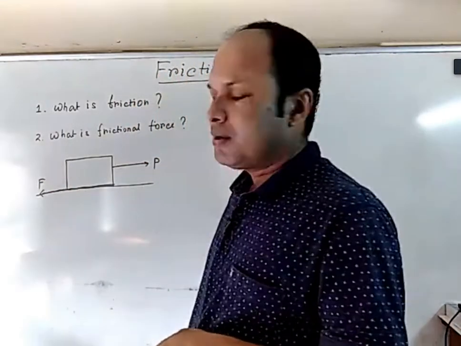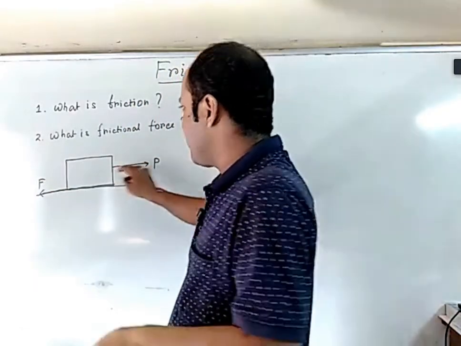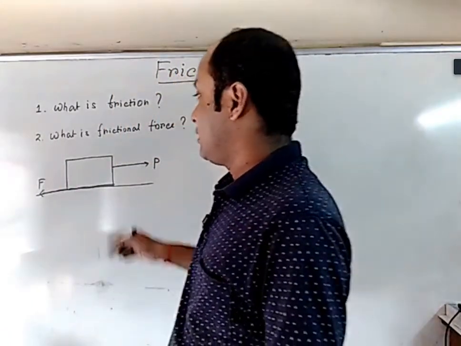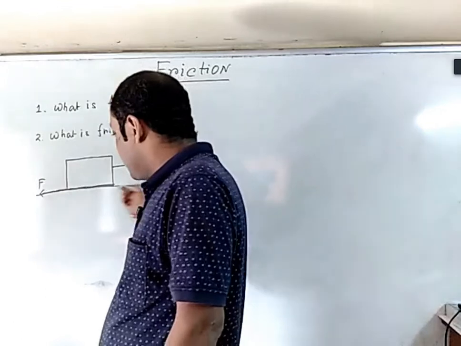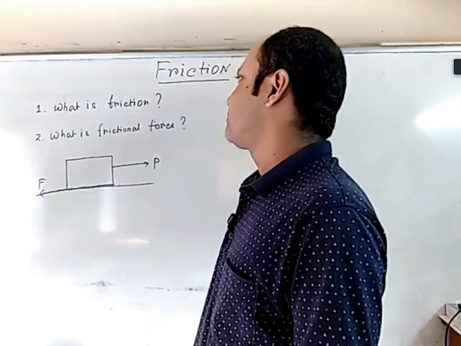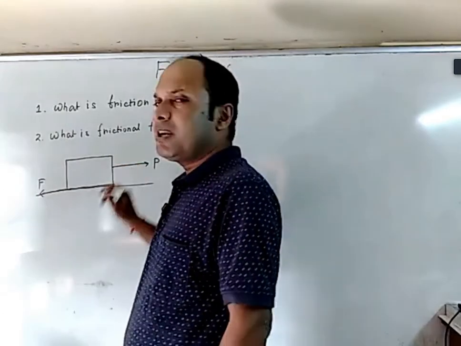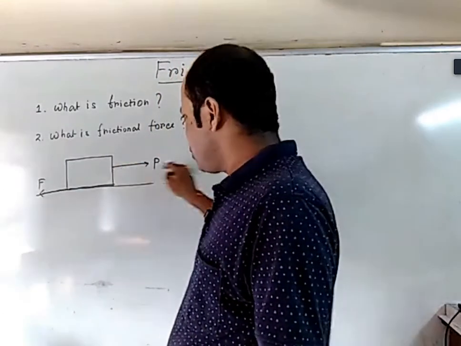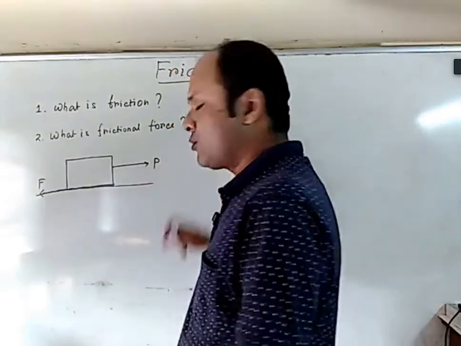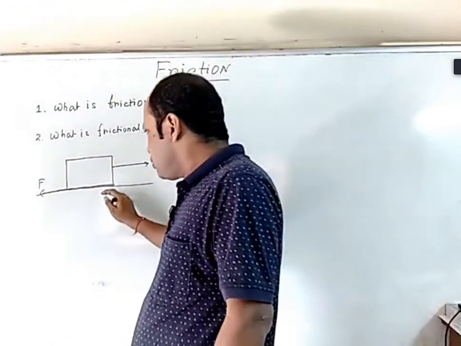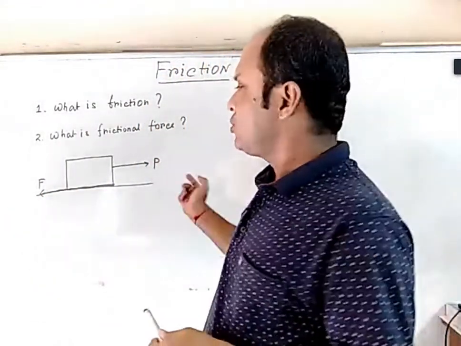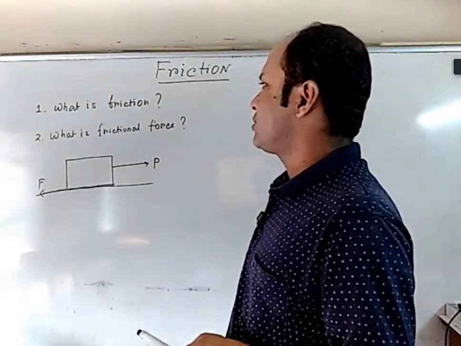That force is called frictional force. This is the applied force, and frictional force is exactly opposite to the applied force, acting along the two surfaces in contact. So whenever an object lying on a surface is under a force, along the two surfaces in contact there will be a force acting opposite to the applied force. That force is called frictional force.